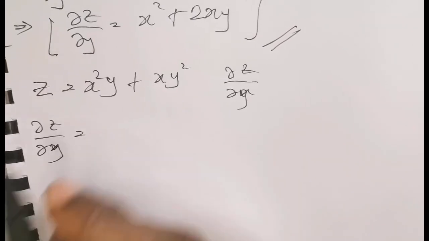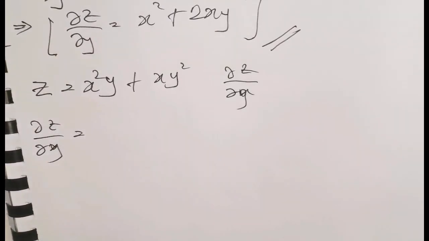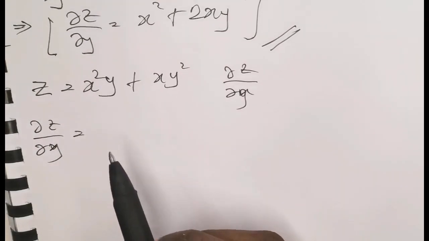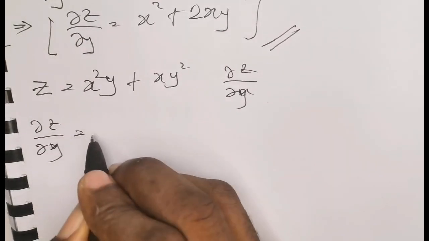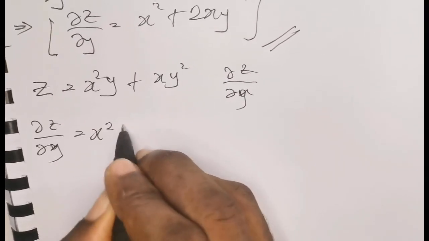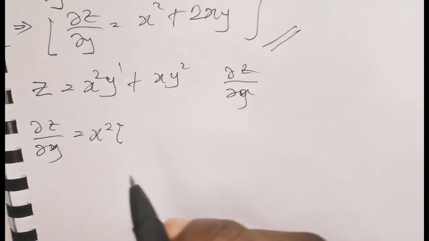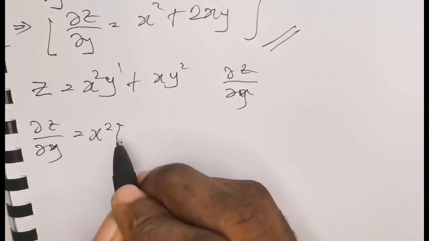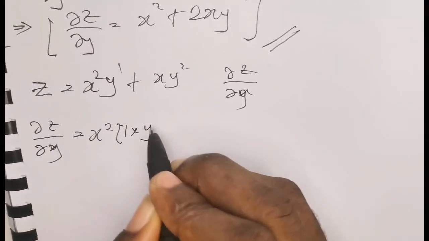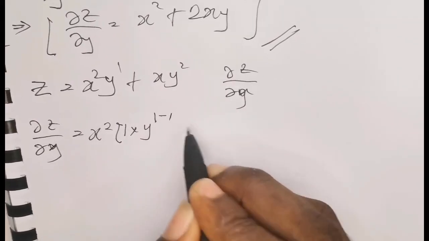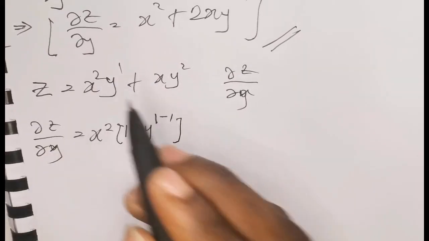Partial z over partial y is now equal to, so remember the principle, since I am differentiating with respect to y, it means I am going to be holding x as a constant. So hold x squared over here as a constant. Let's differentiate y. y is to the power of 1 here. Use the power to multiply y, so I have 1 times y to the power of 1. Then subtract 1 from the power, so you have minus 1. Okay, so that's it for this first derivative.